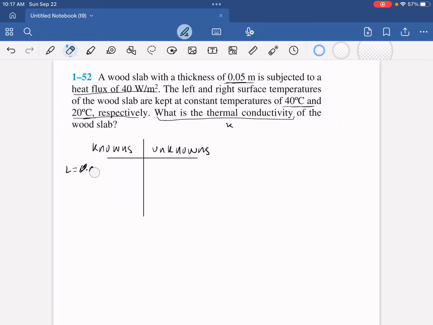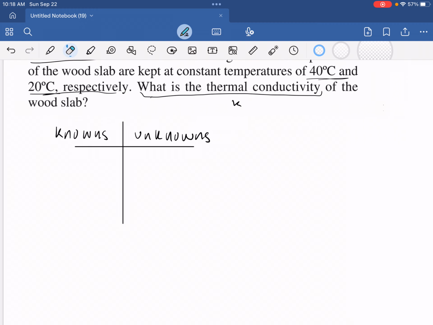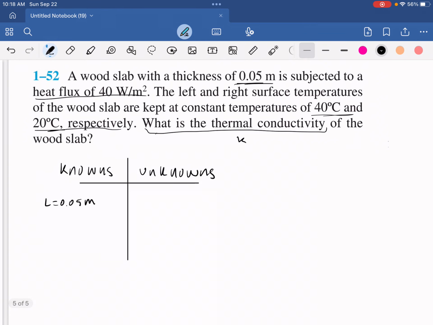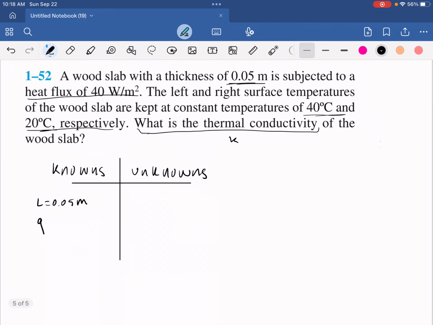Let's zoom in a little more. So my thickness is equal to 0.05 meters. Heat flux is equal to 40 watts divided by meter square.